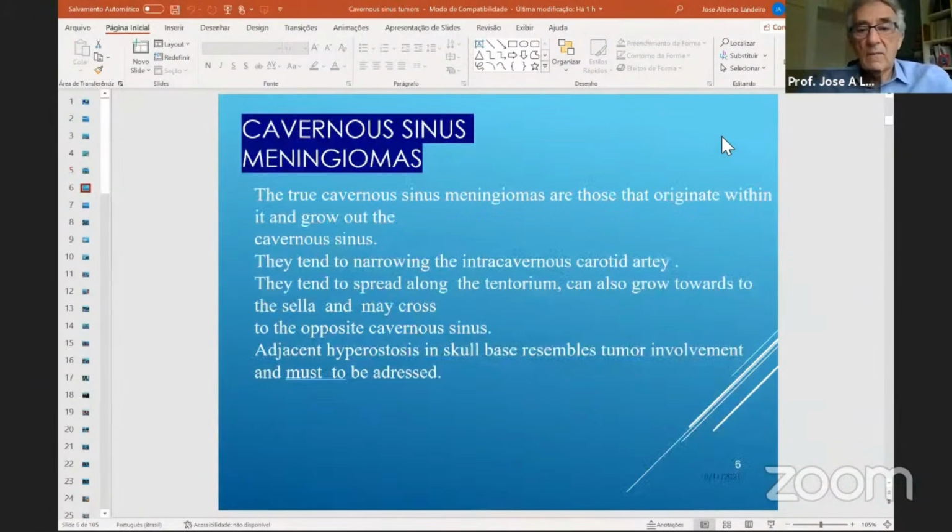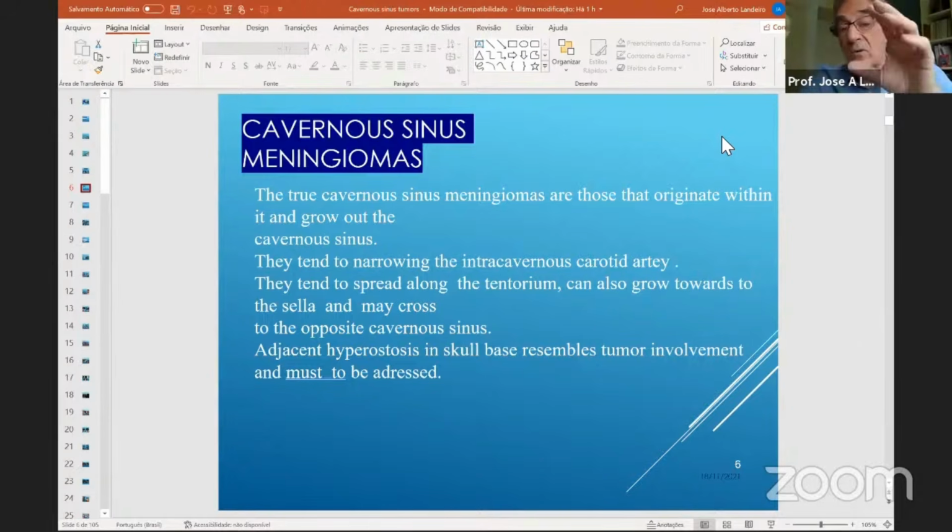As you can see here, cavernous sinus meningiomas are those that originate within the cavernous sinus and grow out of it. They tend to narrow the intracavernous carotid artery, spread along the tentorium, can also grow towards the sella, and may cross to the opposite cavernous sinus.